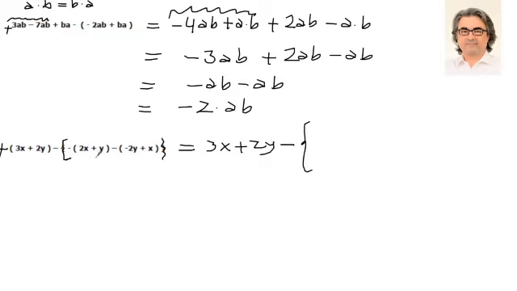First inner parenthesis has minus sign, as you see, so I should change the signs of terms. Minus 2x minus y. After that, again minus sign in the second inner parenthesis here. So I should change the signs of each term in the parenthesis. Minus 2y becomes plus 2y, plus x becomes minus x.